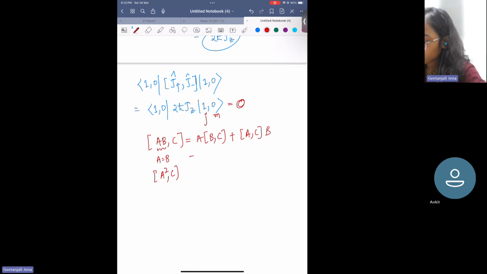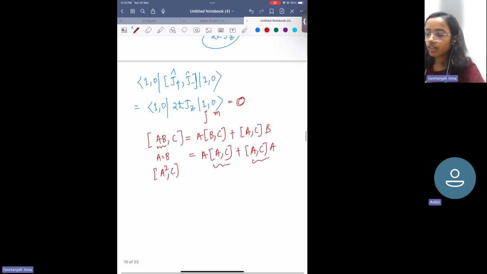So if A equal to B, you will get AC plus AC A. This one you can just put the expression in and find out. So that's why I'm telling you, just remember the basic properties of commutation relations and the basic commutation relations like Jx, Jy and Jy, Jz.